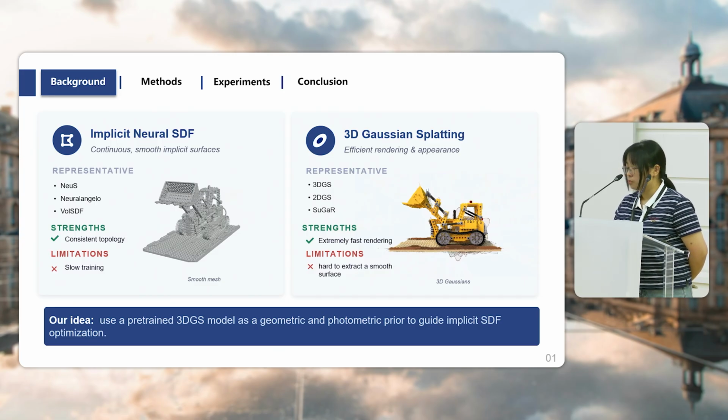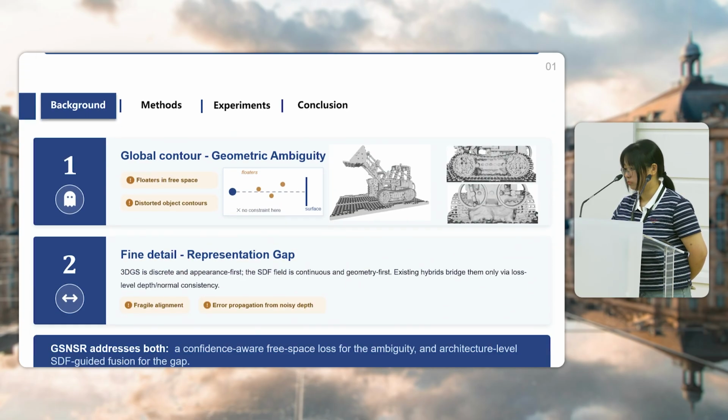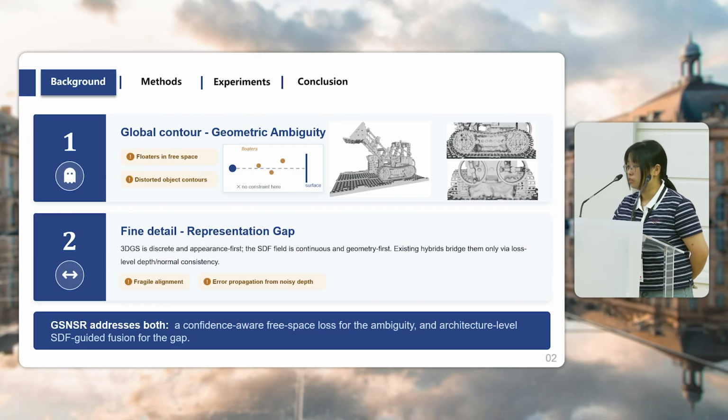They are naturally complementary. We treat a pre-trained 3D GS model as a geometric and photometric prior and use it to guide the SDF optimization. Our goal is an accurate surface, so we approach it from 2 sides: the outer contour and the inner detail.